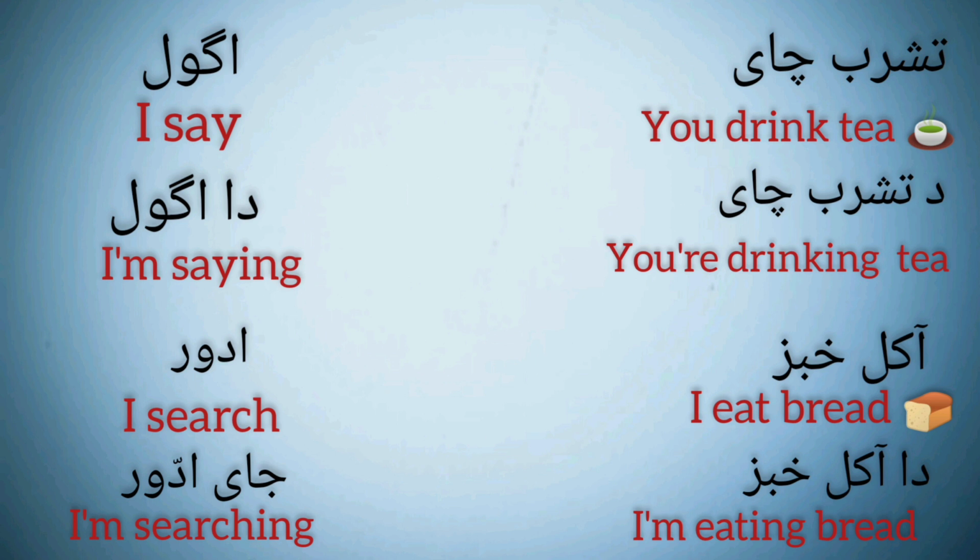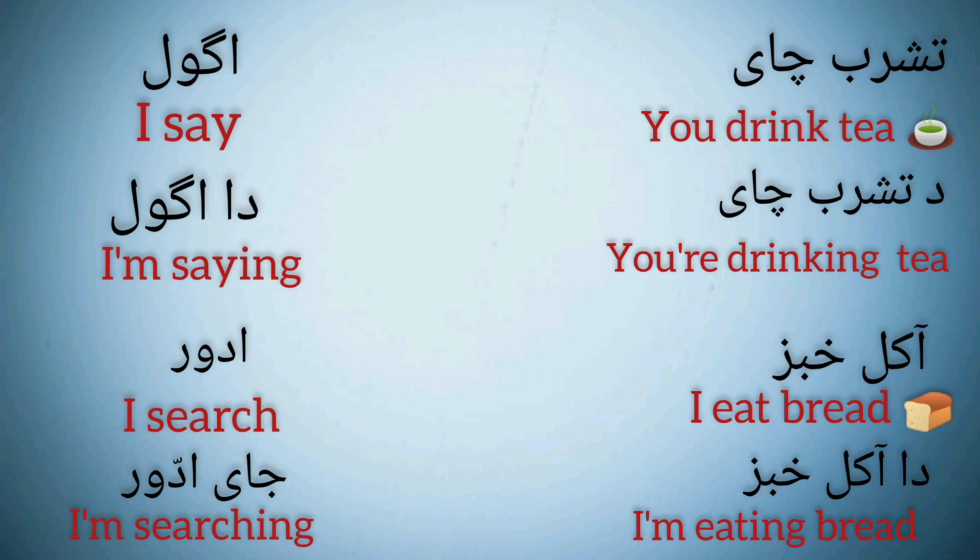أدور, I search or I'm looking for. أدور and جاي أدور, I'm searching. We said that there are actually two words to make present continuous tense. جاي أدور means I'm searching or I'm looking for. And the preposition for this verb أدور is على.